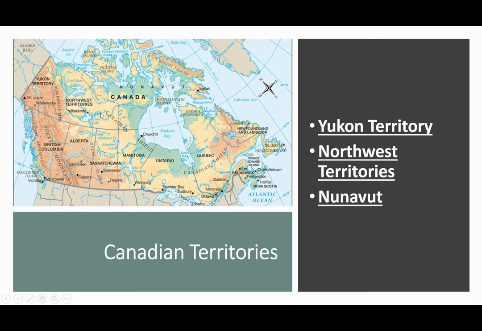And then finally, Nunavut. Of the three territories, Nunavut is the newest territory. It was actually part of the Northwest Territories at one time, and then it was sectioned off and dedicated for the Inuit people, which are mainly Eskimos, a place for them to live.